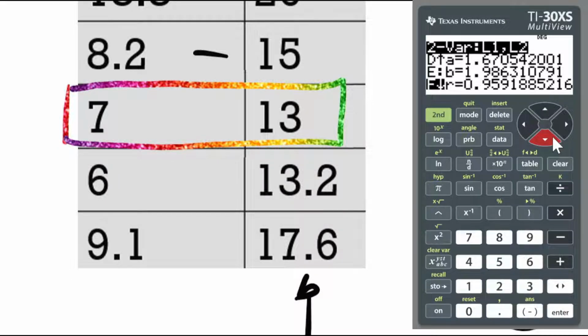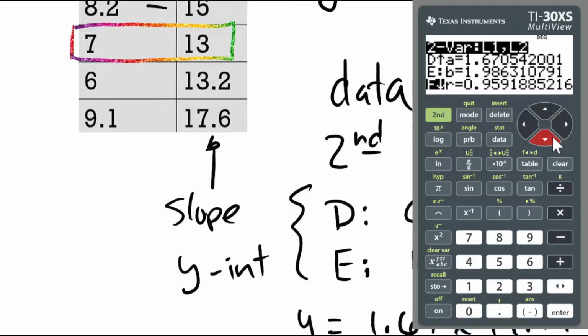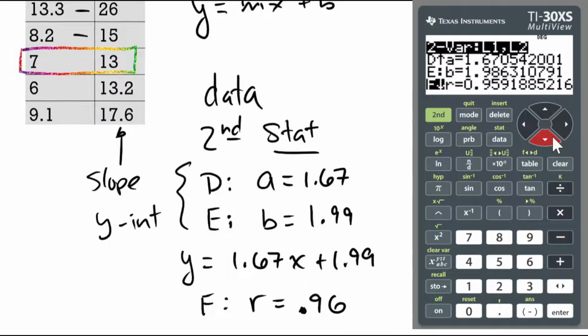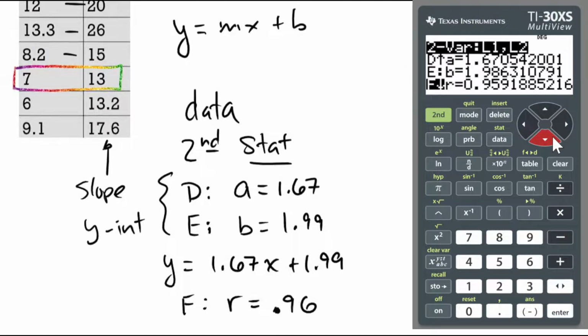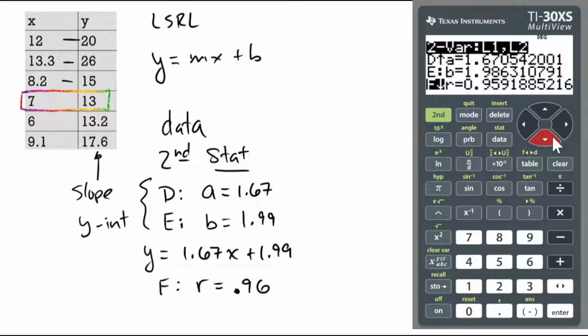So let's look at the residual for this particular point. If I had a sketch of the graph, somewhere there's an x value, and that x value goes up to 13. That's the actual value we recorded from our observational study, from our experiment, an actual y value of 13.